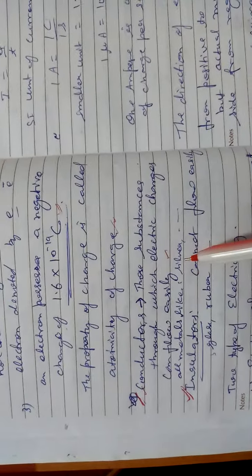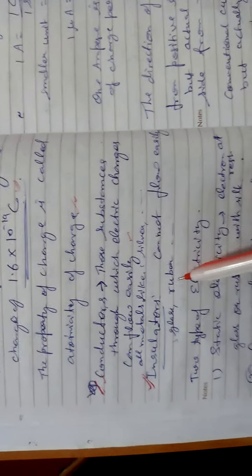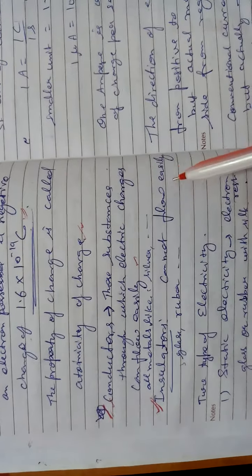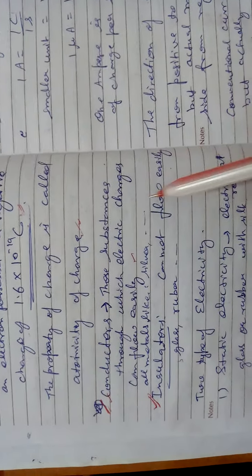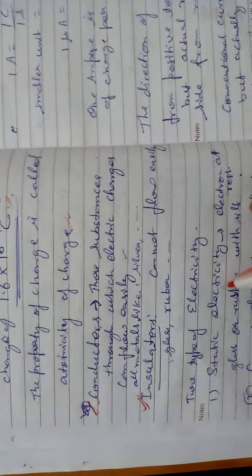These are the metals which conduct electricity easily. Insulators can't conduct electrons easily, like glass, rubber, paper, etc.